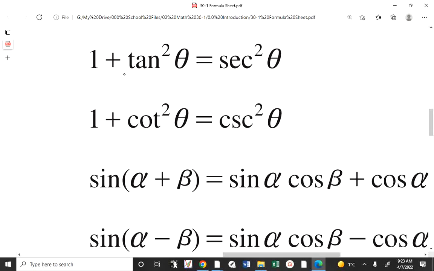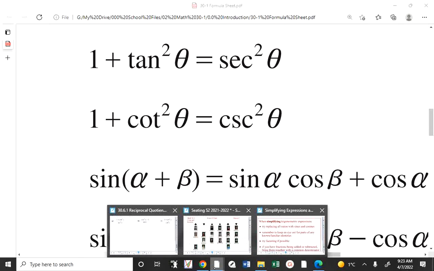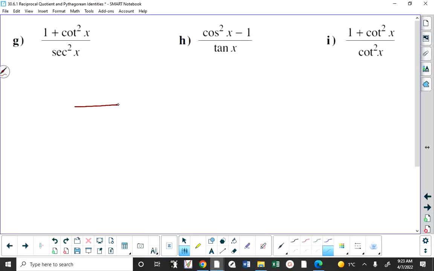So when I see this question, on the top, I have 1 plus cotangent squared of x over secant squared of x.